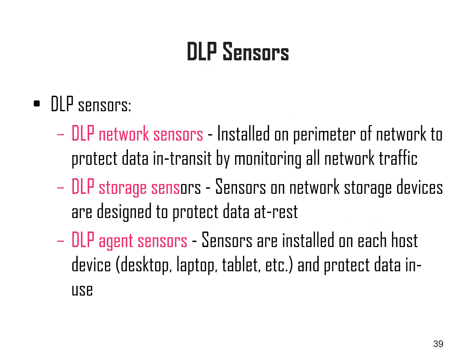A DLP system consists of different sensors. The DLP network sensor senses data in transit, the storage sensor senses data at rest, and DLP agent sensors are installed on each host device, for example desktop, laptop or tablet, and protect data in use.